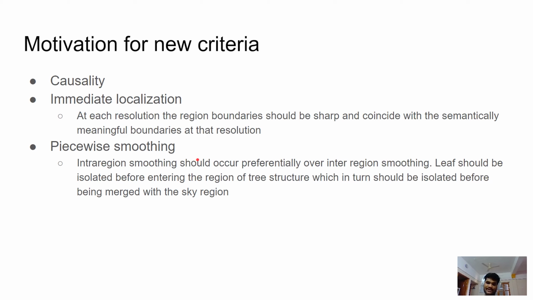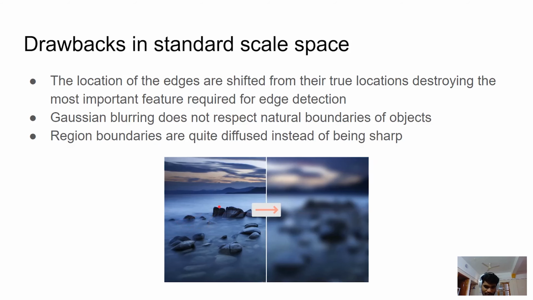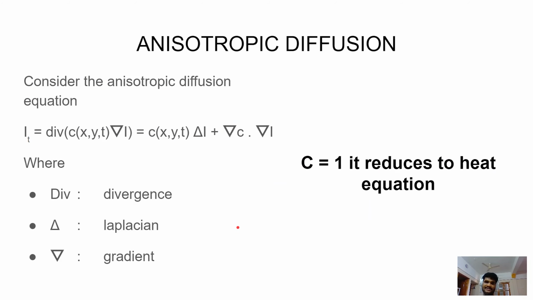And piecewise smoothing: intra-region smoothing should occur preferentially over inter-region smoothing. Now we don't want the inter-region to be smooth. Inter-region here means the edges. We don't want the edges to be smooth. Instead, we want intra-region smoothing. If there is an image like this, we don't want this region boundary to be blurred, but we want the region within the rock and the mountains and the sky to be blurred. And that's what the anisotropic diffusion equation provides.